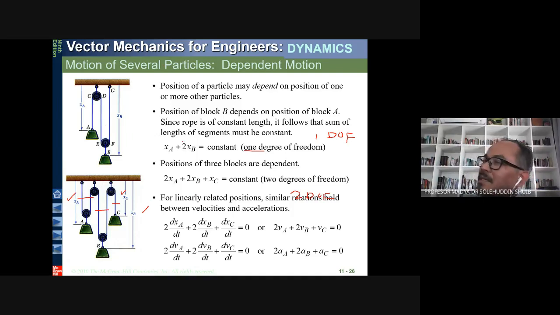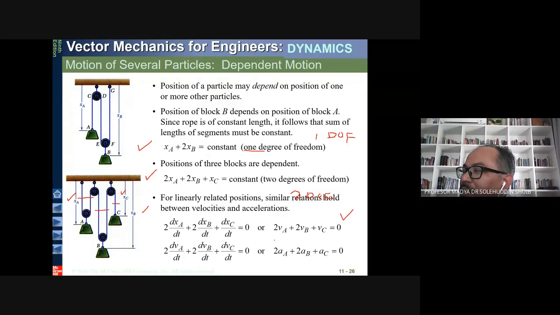As I mentioned just now, the first step is very important, the way we set up the equation for dependent motion. After that, the rest will follow. When you differentiate with respect to time the position of these 3 blocks, you get the velocity: 2VA plus 2VB plus VC equal to 0.